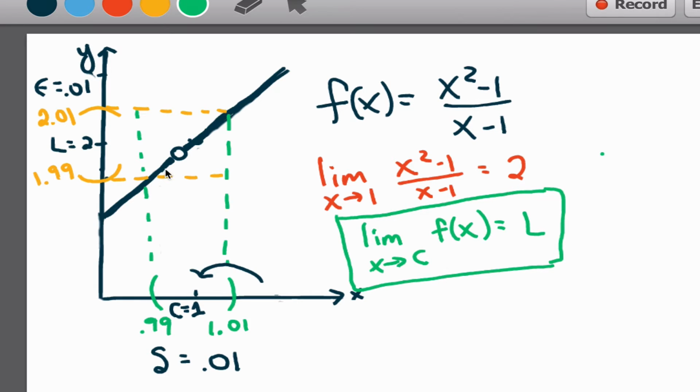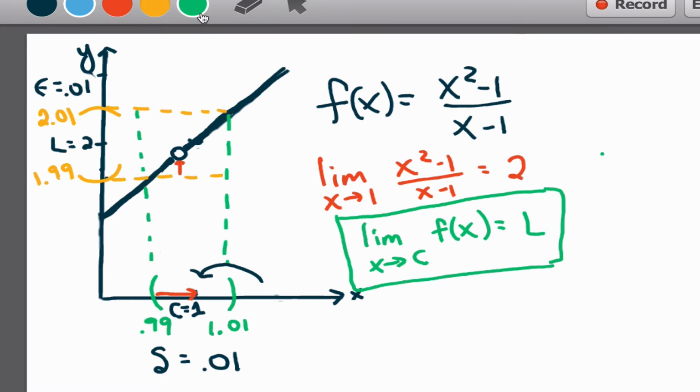As we move in toward this value, and the value happens to be x equals 1, we called this c, and we were looking at the values as x approached c. For example, from the left side of 1, as we approached 1, we noticed that the y values, the vertical values, were approaching 2.